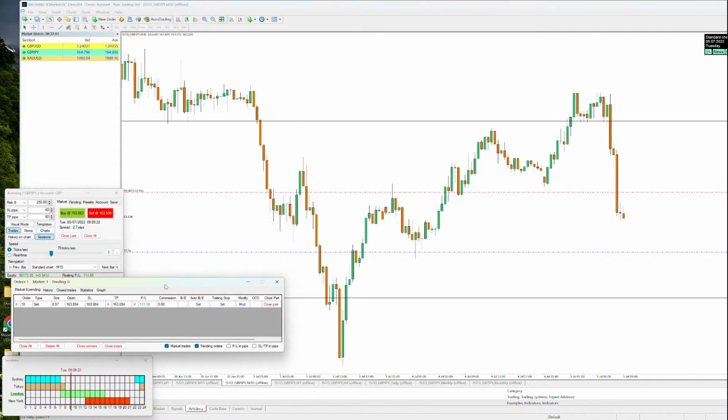Interesting. Okay. Now we're breaking the lows. I'm gonna enter another sell here. Let's see if we get this or not, but I'm not sure because the volume has decreased a lot.